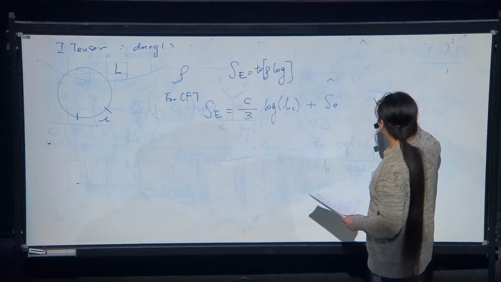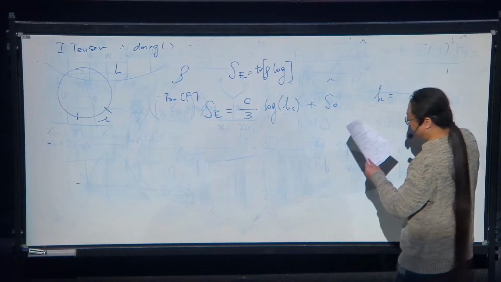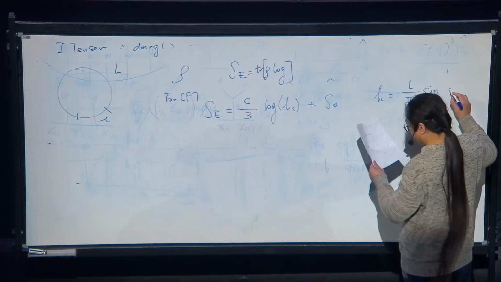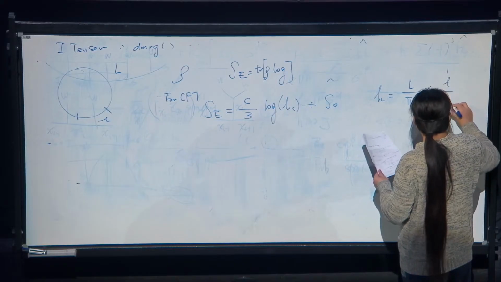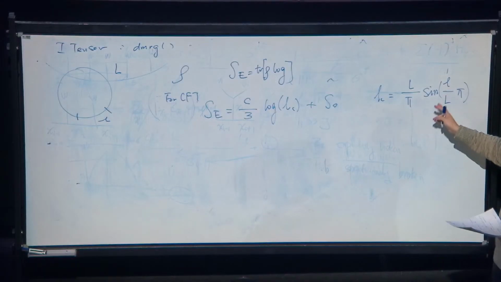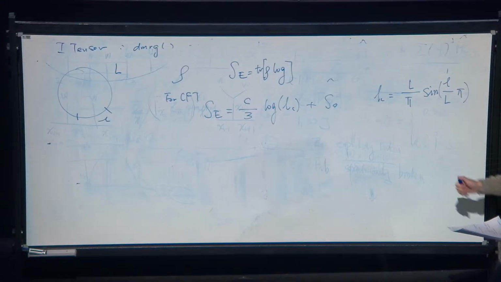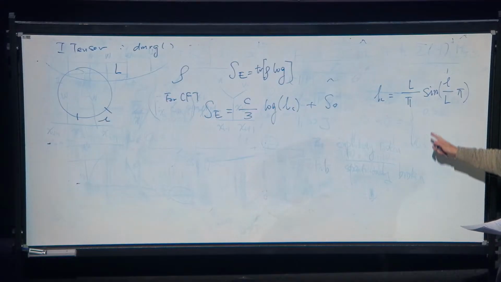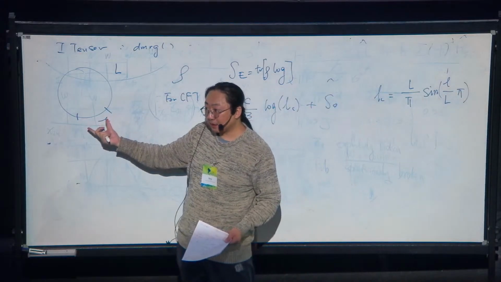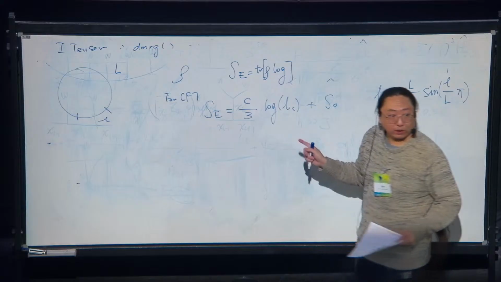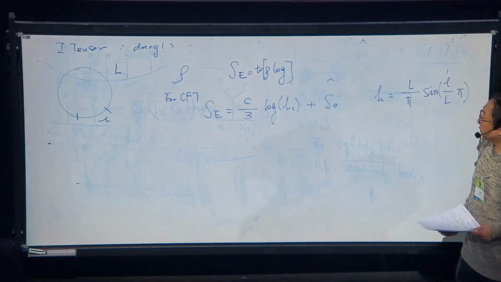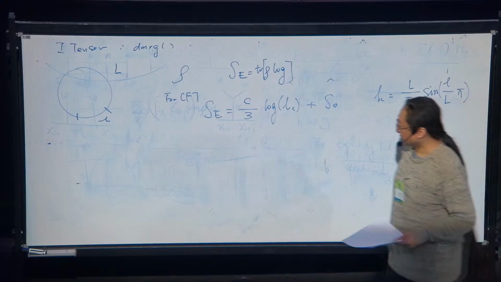This L_c, people call it conformal distance, but it's really expressed as L over capital L times pi, so it depends on the size of the segment, small l, and the total size, bigger L. So you can calculate the entanglement entropy as you change the size of this segment and fit against this formula to get your central charge. I think this is the most efficient way to calculate the central charge for a quantum system, at least.